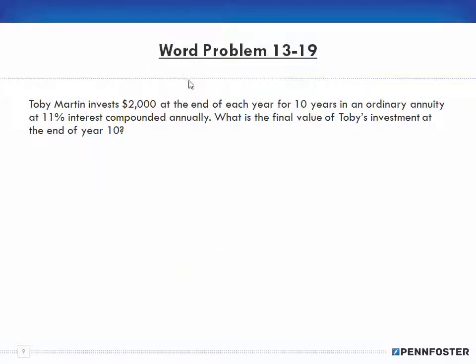Toby Martin invests 2,000 at the end of each year. That's my payment at the end of each year. Ordinary annuity for a 10 year time frame, at 11% interest. That's the rate, compounded annually. What is the final value of Toby's investment at the end of year 10? No different than the last problem.